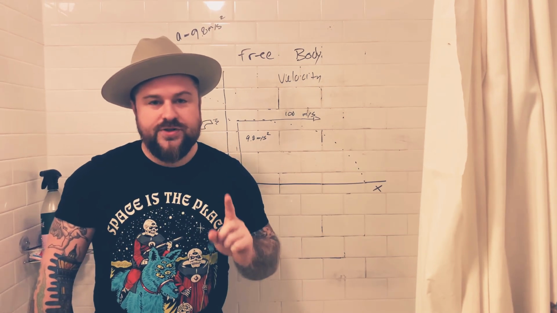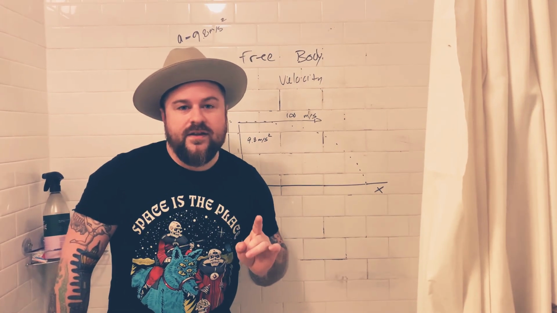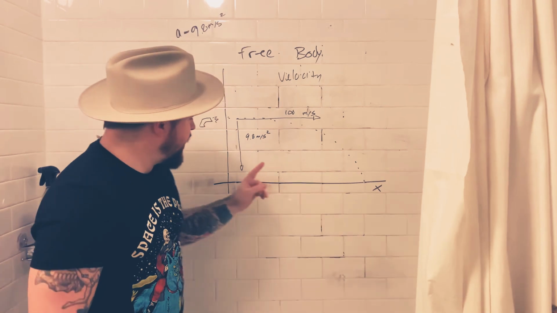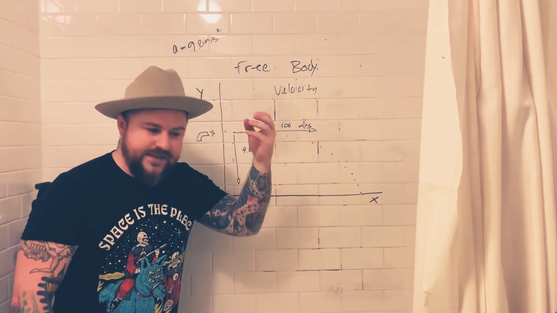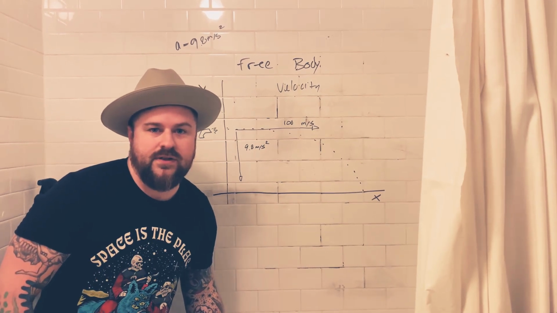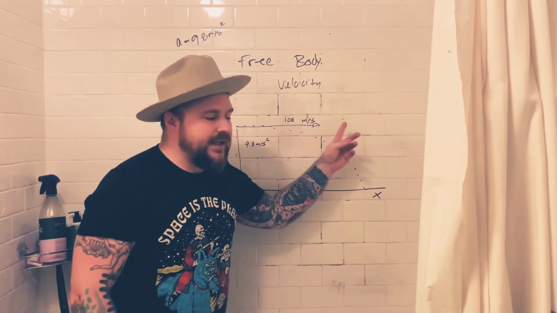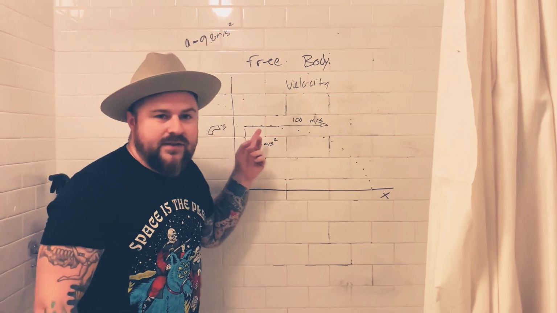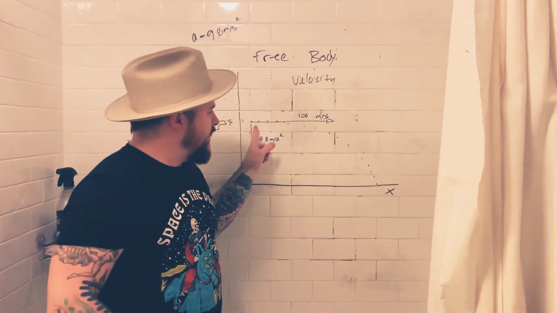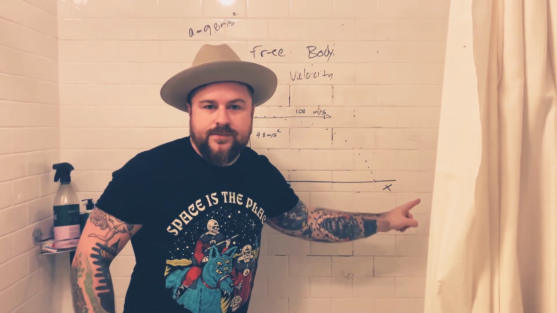A force is a push or a pull. That is the thing that is going to accelerate something. So it's accelerating in the y direction, meaning it's going to fall faster and faster, but it is never going to accelerate in the x direction because there's no force acting on it. It's not a rocket. It doesn't have a little rocket propelling it. It's already been fired, so it's never going to be faster.